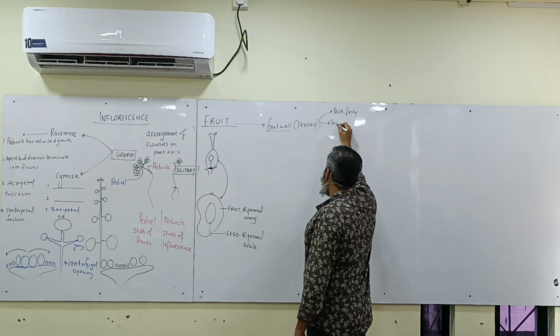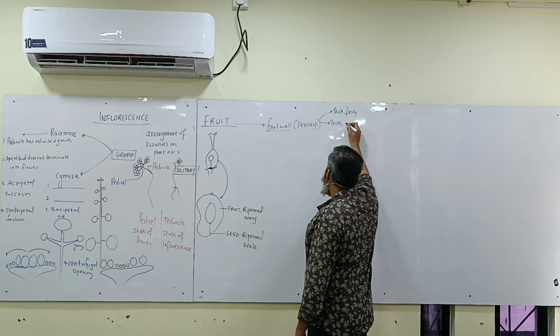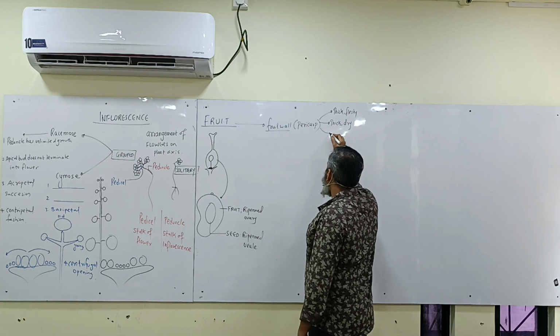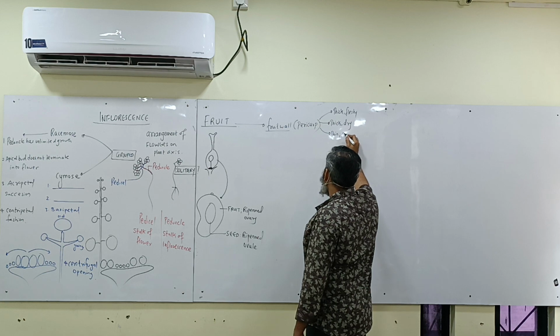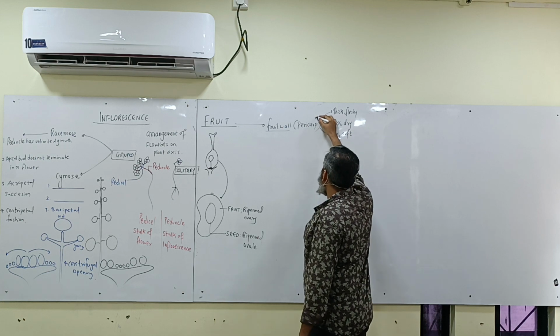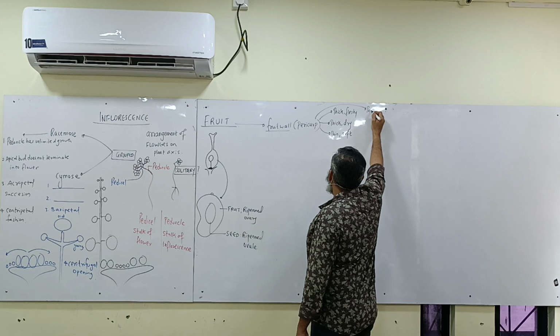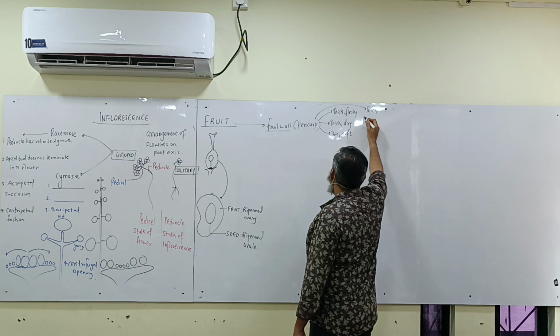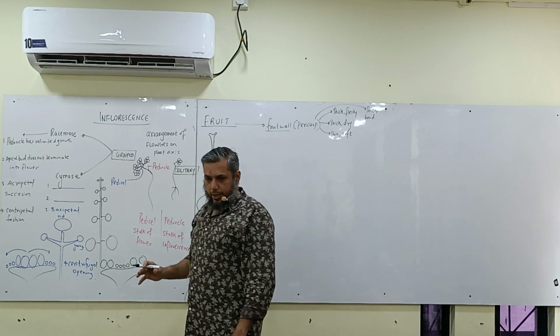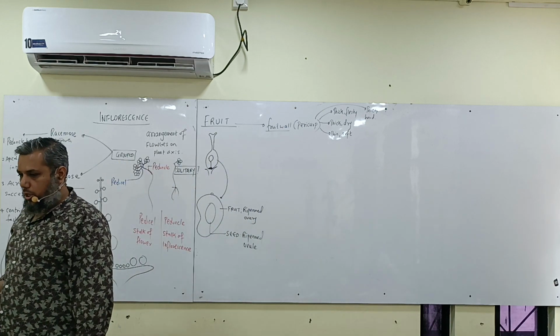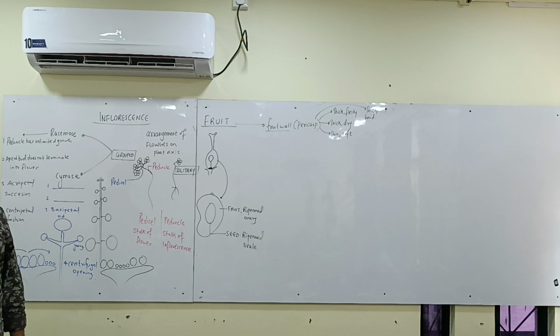It can be thick and dry. It can be thin as well as soft. It can be thick as well as hard. Okay? So pericarp has different types.